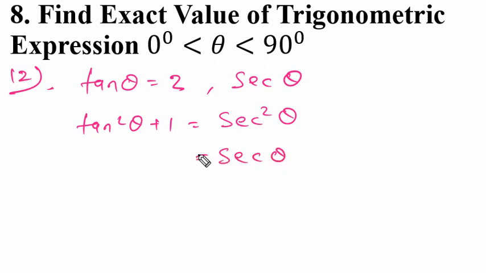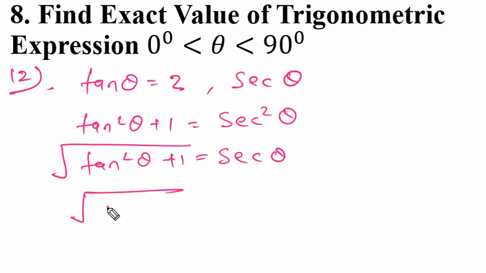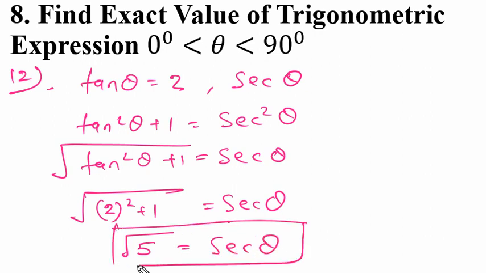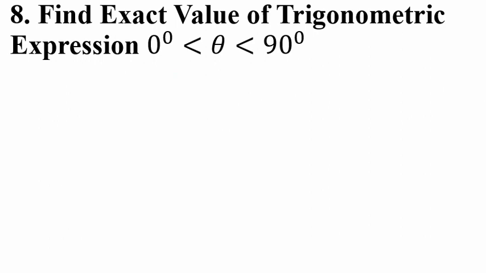Secant theta is equal square root of tan square theta plus 1. And now tan is what? 2. So 2 square plus 1. I don't need calculator for this. This will give you square root 5. You can use the calculator if you want. Secant theta is square root 5. That's it.